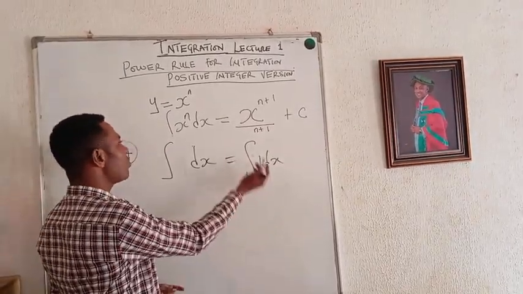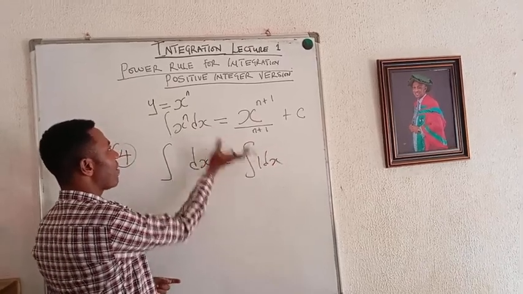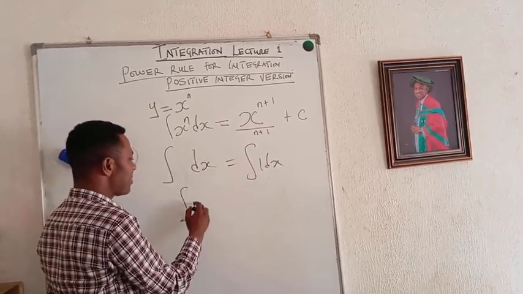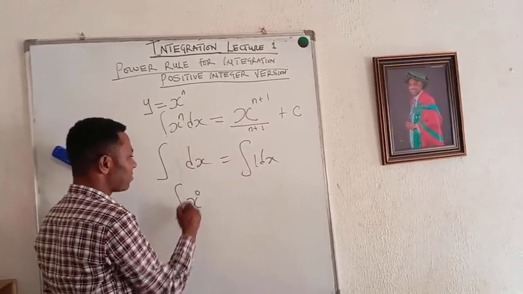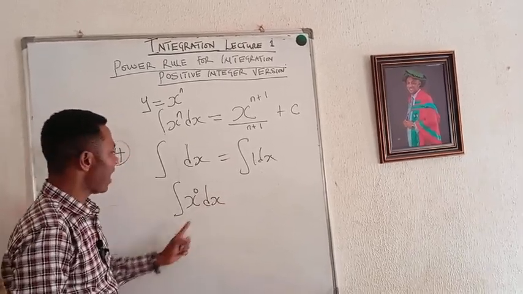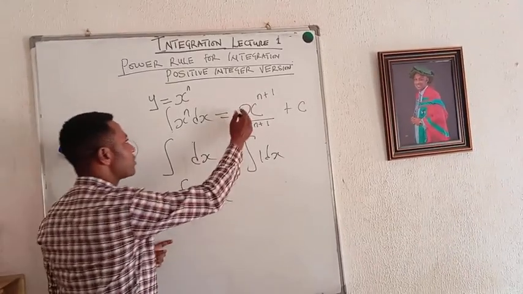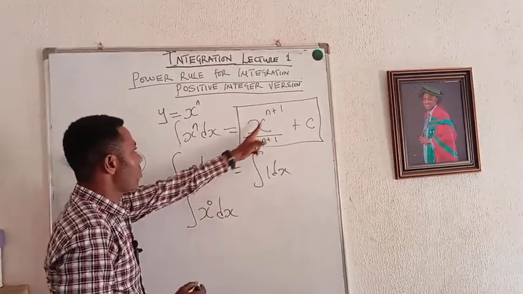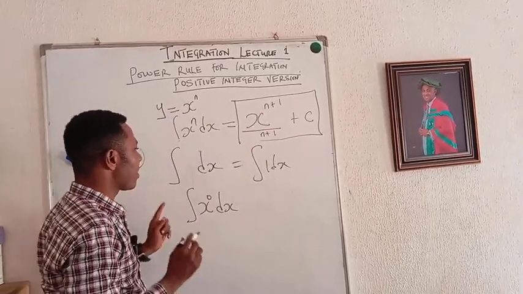So what is the meaning? How do we apply the power rule to solve this integral? You know what 1 is? 1 is the same as writing x power 0. Now, let's use this formula. What is my power here? n is 0.